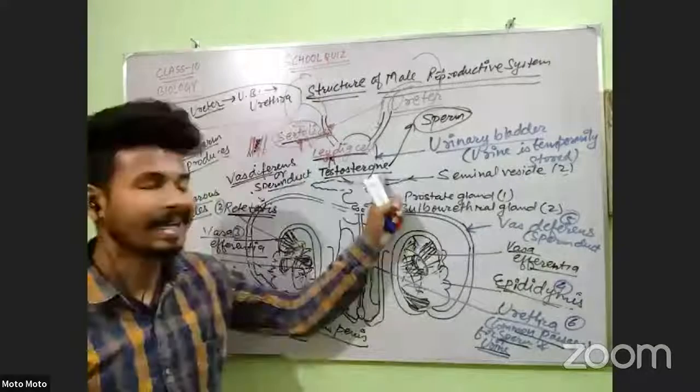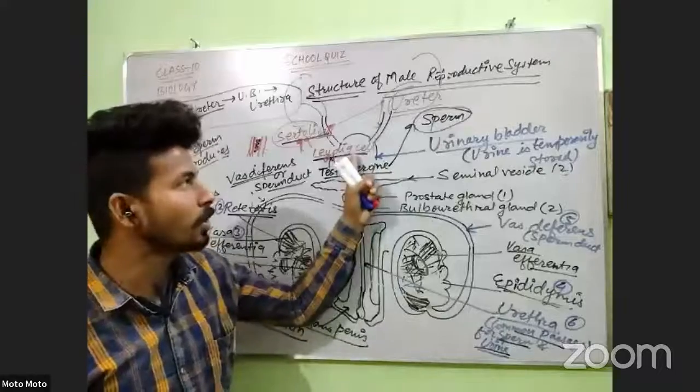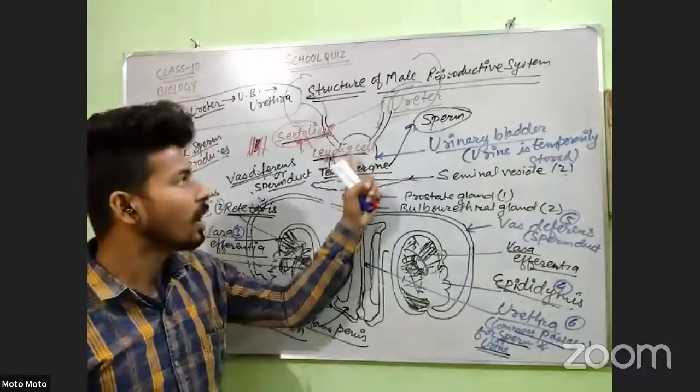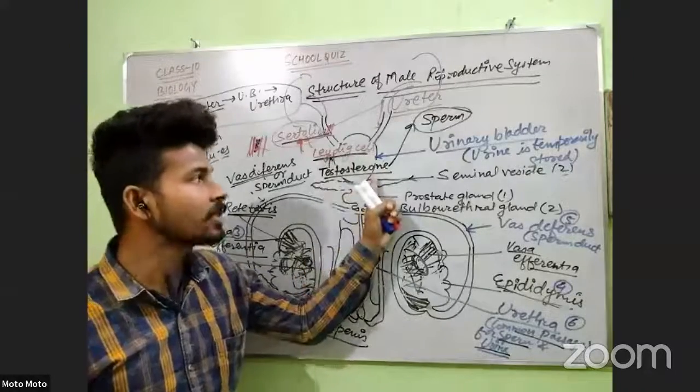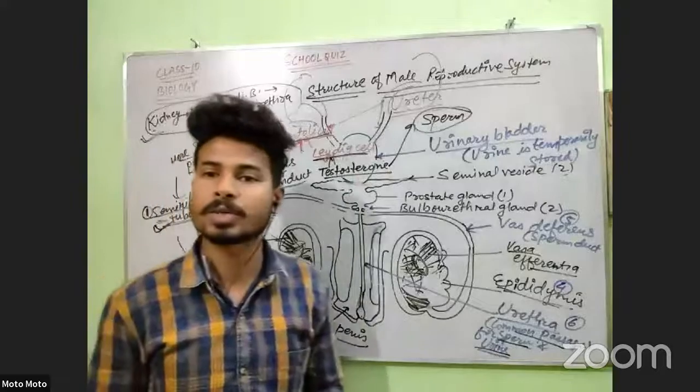There will be two ways of asking. The answer will be testosterone. Before, it was the Leydig cell, because testosterone is produced in the Leydig cell. But now that we have asked for the name of the hormone, our answer will be testosterone.